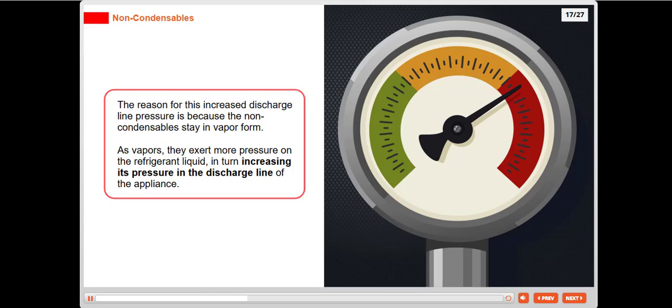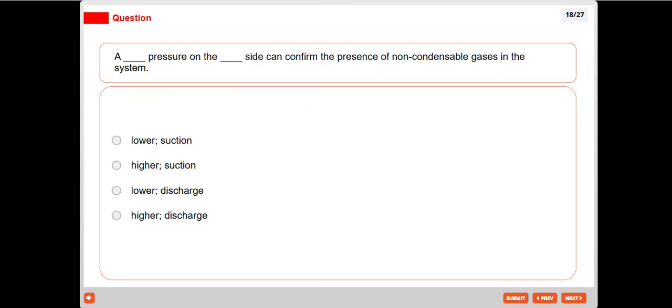As vapors, they exert more pressure on the refrigerant liquid, in turn increasing its pressure in the discharge line of the appliance. Higher pressure on the high side can confirm the presence of non-condensable gas in the system.